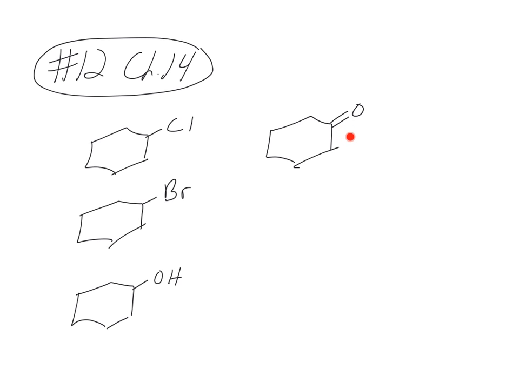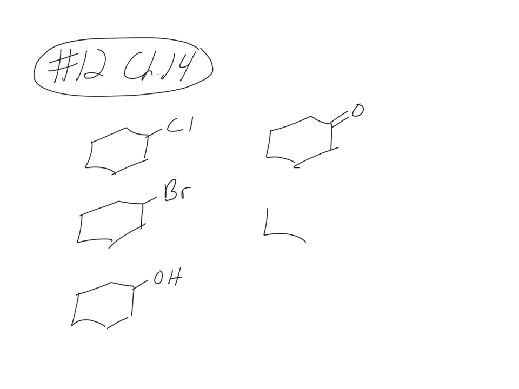If the IR doesn't have a C=O, can it be this compound? No. In this compound there needs to be an OH. If there is an OH in that IR, then this compound is still a possibility. So you need to do a process of elimination with some of these.